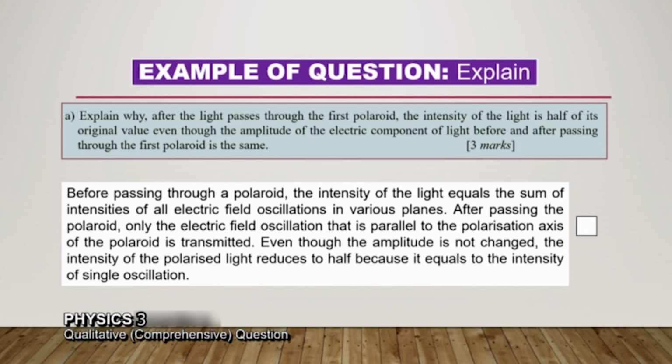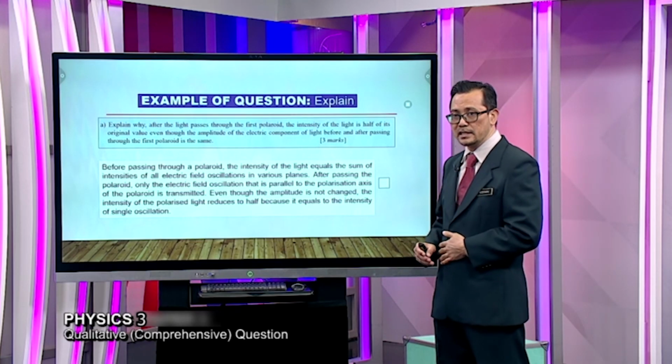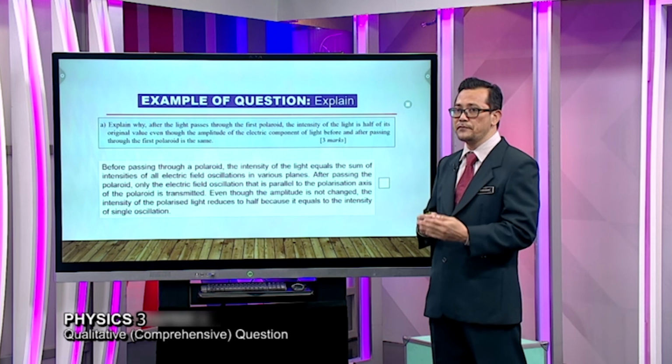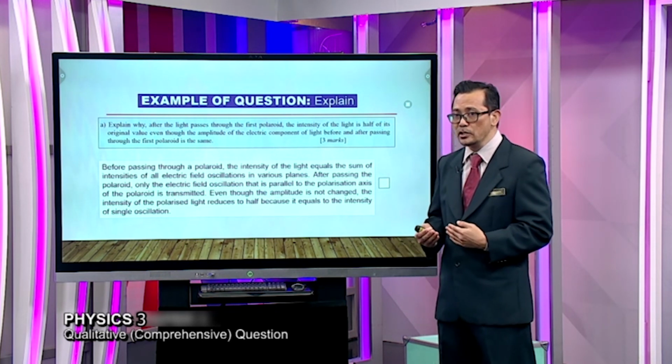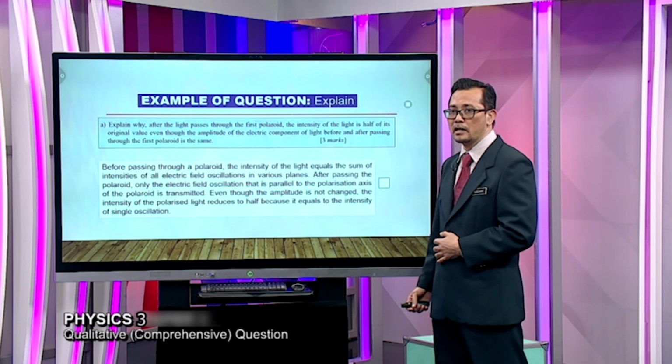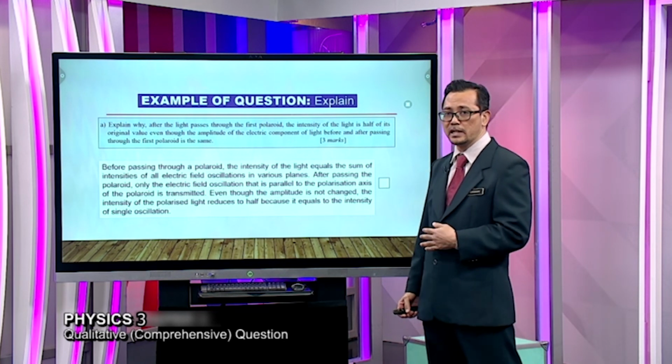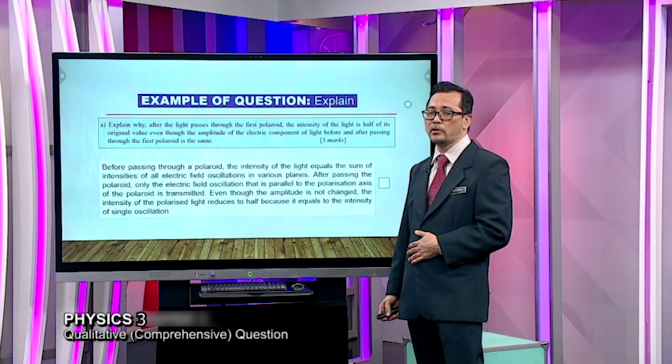Even though the amplitude is not changed, the intensity of the polarized light is reduced to half because it equals the intensity of a single oscillation. If you realize, in this answer they give the justification on why the intensity is half and not equal to the intensity of the light before it passed through the Polaroid.